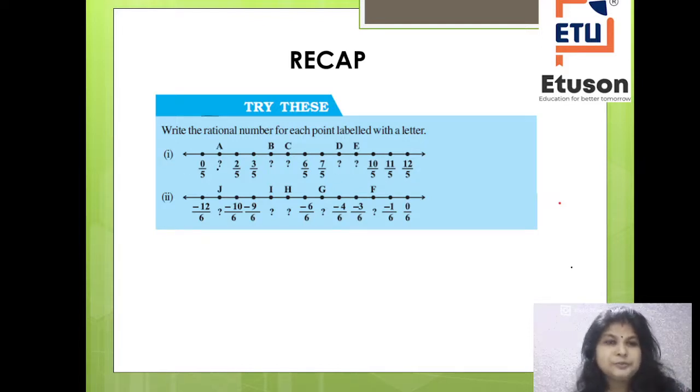Here 0 is there, 2 is there, so the midpoint of this will be 1 divided by 5, correct or not? Then 2 by 5, 3 by 5, so what will be B? B is 4 by 5. What about C? C is 5 by 5. What is 5 by 5? 5 by 5 is equal to 1.